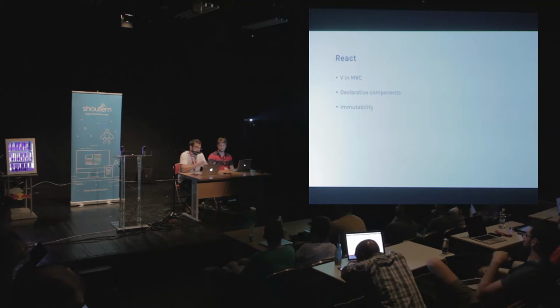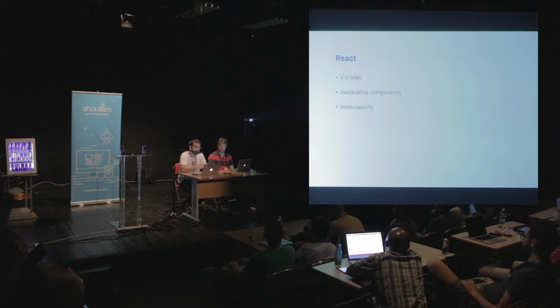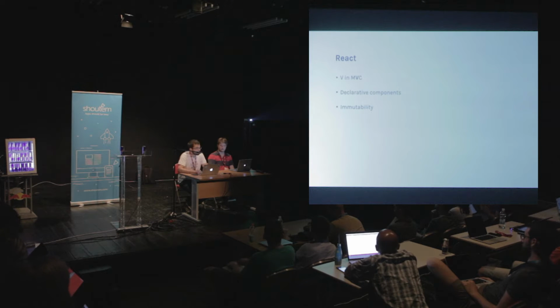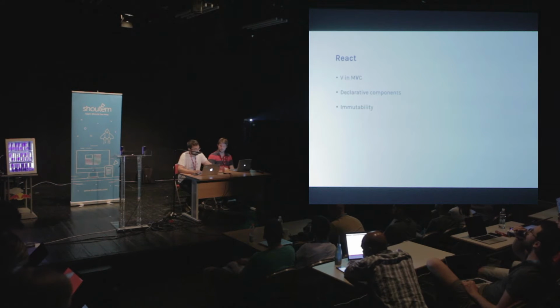Why? Because immutability means that when you have one state, you're not changing the state directly. If you have, let's say, a to-do list, which is the hello world of web pages, and you add something to the to-do list, that's a new state. Before you had some items inside, and now you have the new state.